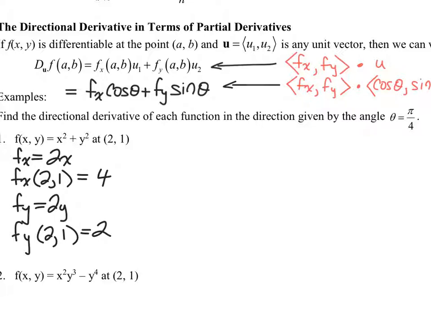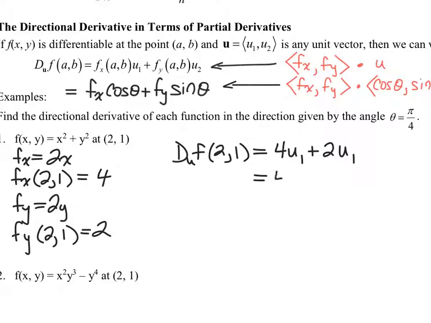So my directional derivative, D sub u, in the direction of unit vector u, of function f at coordinates 2, 1, would be equal to 4u sub 1 plus 2u sub 2, but we have an angle.